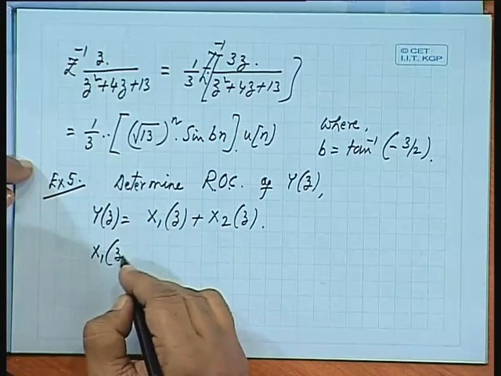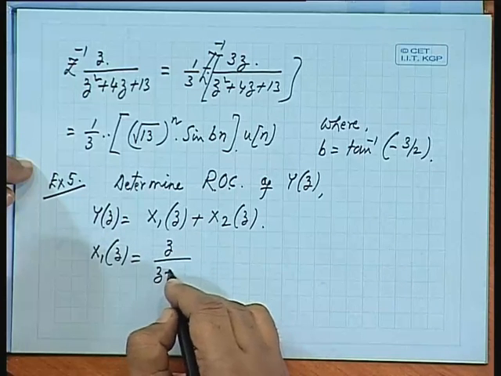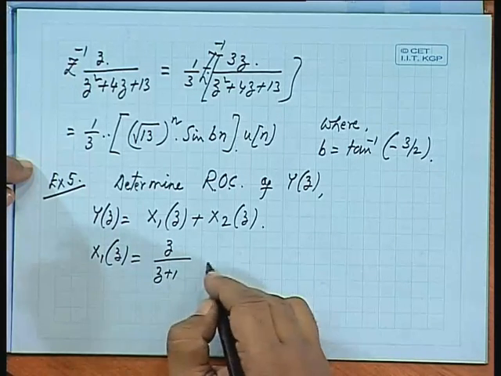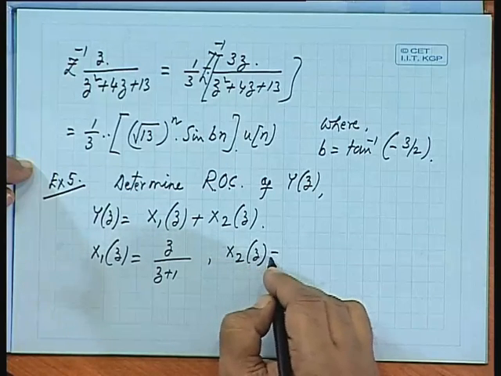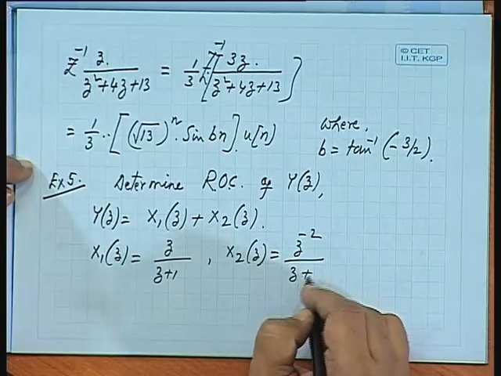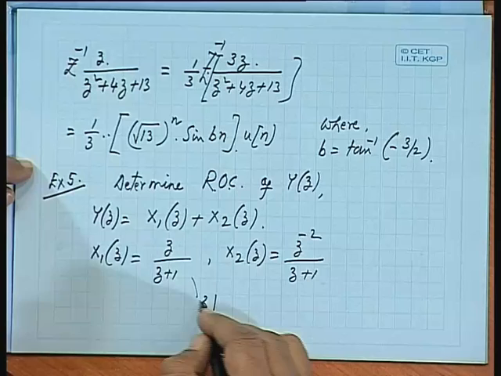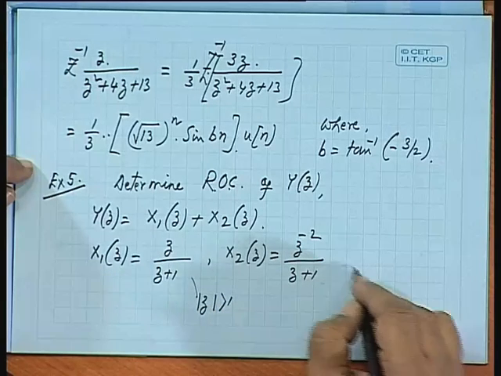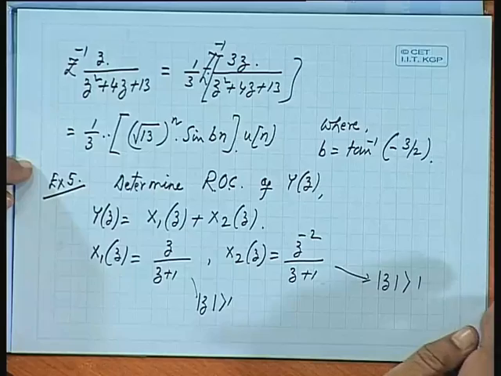X1(z) is given as z by z plus 1, X2(z) is equal to z to the power minus 2 by z plus 1. This will have an ROC |z| greater than 1. This is also having an ROC |z| greater than 1.